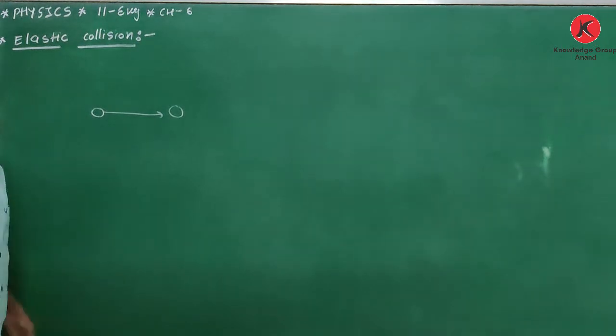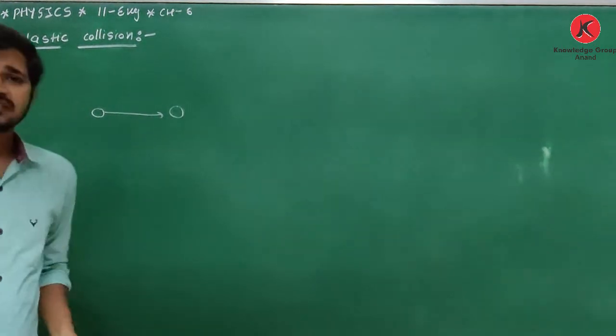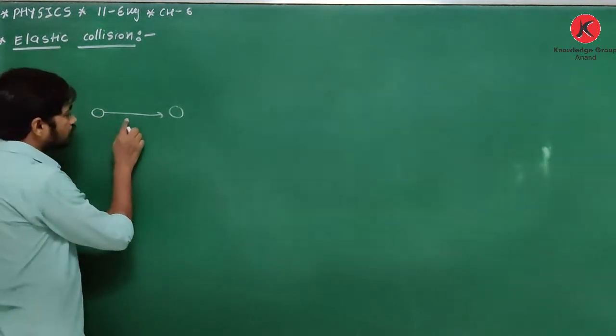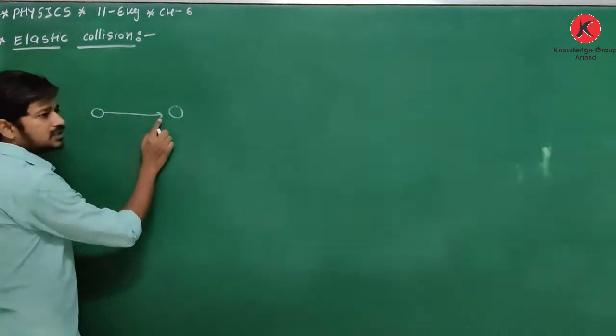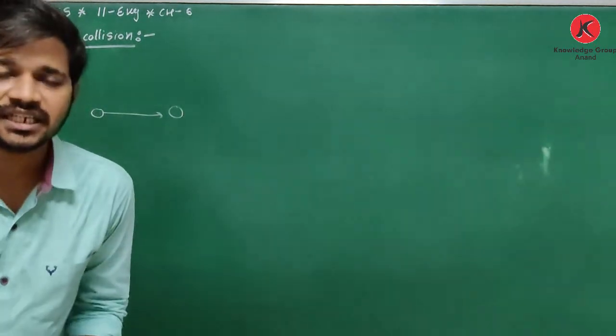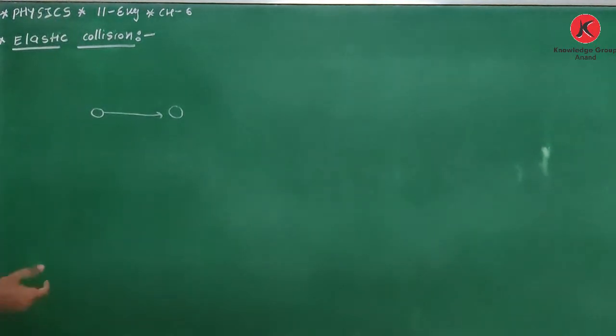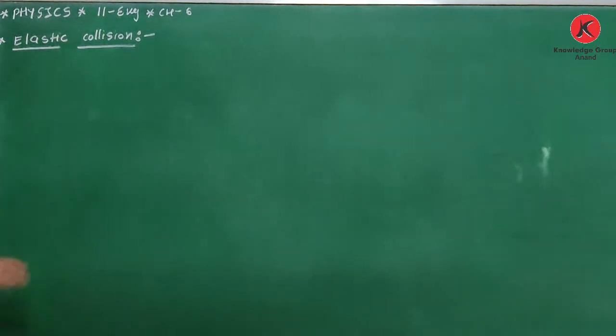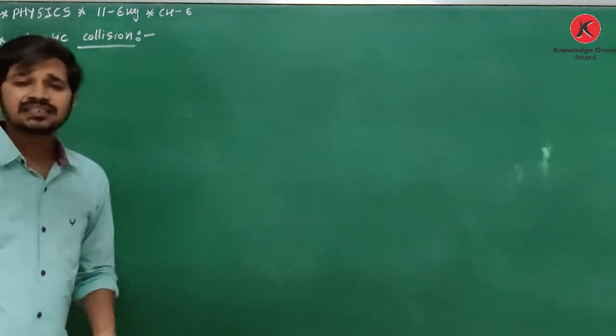There are some collisions in which two objects may not even be in contact. If one object is moving closer, after some distance it will change its direction. So there are many types of collision. Today we will see what is elastic collision.